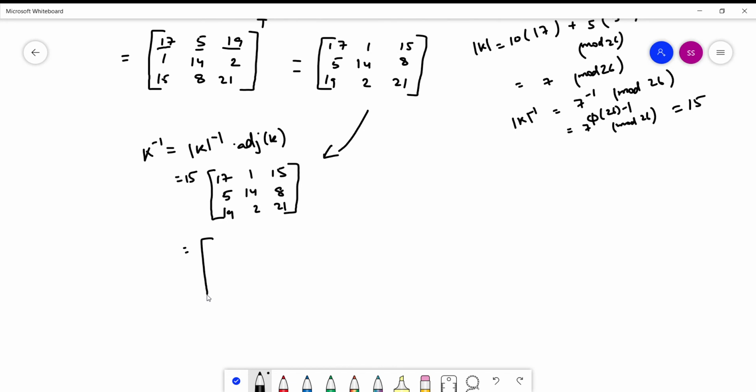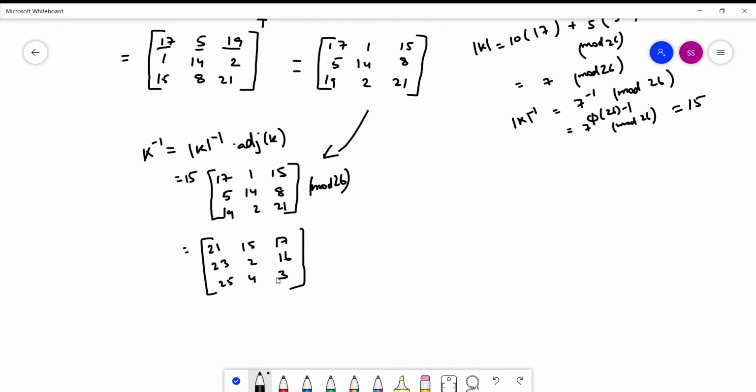So if you multiply it and solve for mod 26, you will get k inverse as 21, 15, 17, 23, 2, 16, and 25, 4, 3.